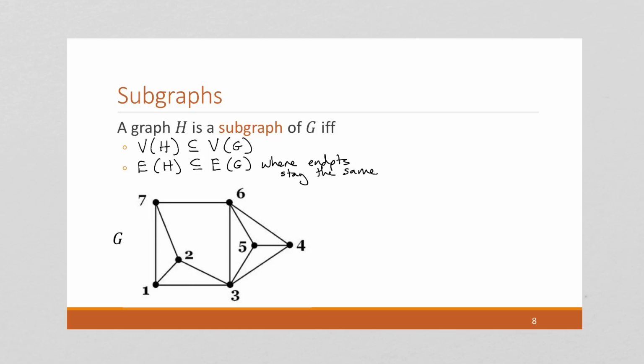Okay, so we have a graph G here, and we can construct a subgraph. I'm just going to draw it in red right here. Right, so this is a subset of G, and we could redraw it.